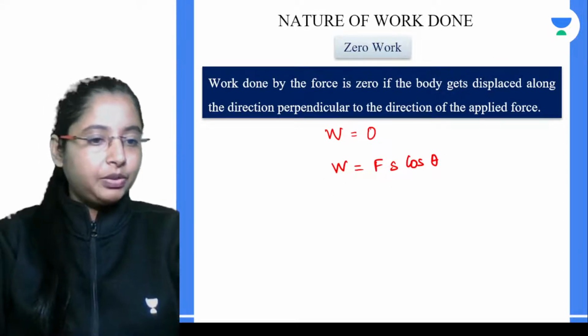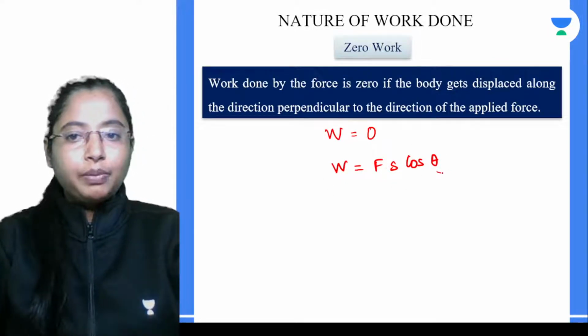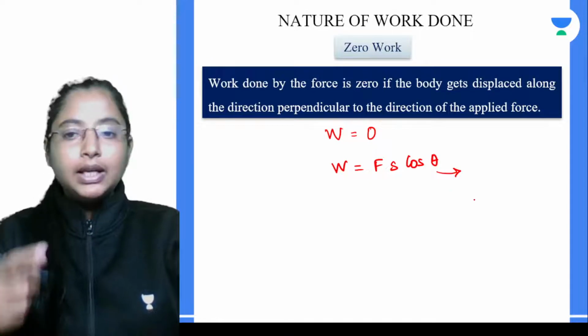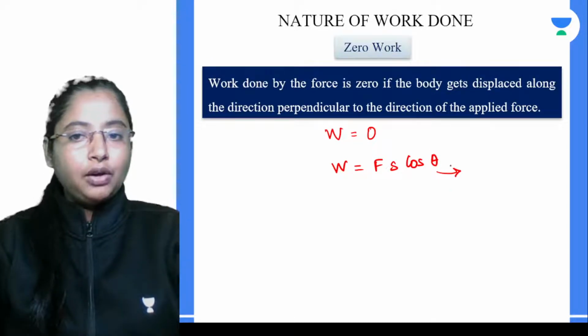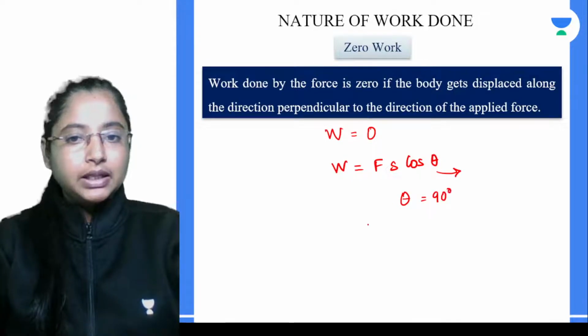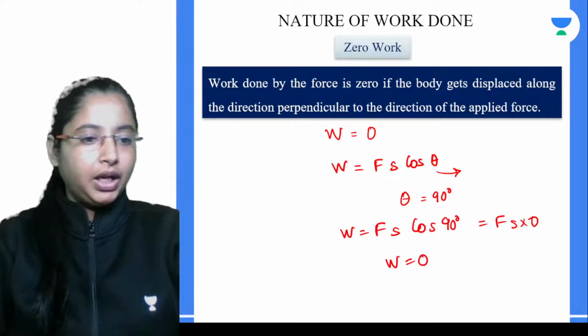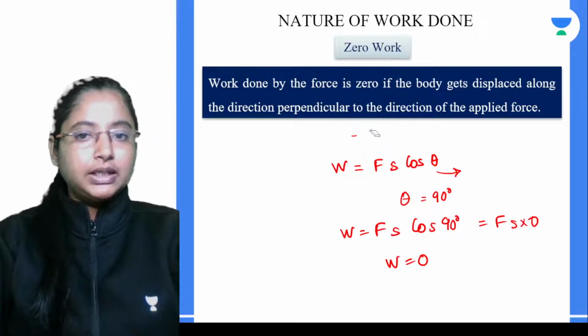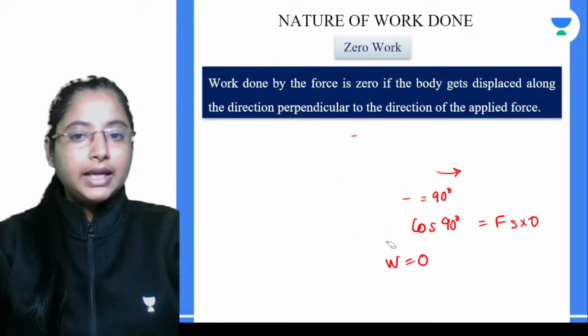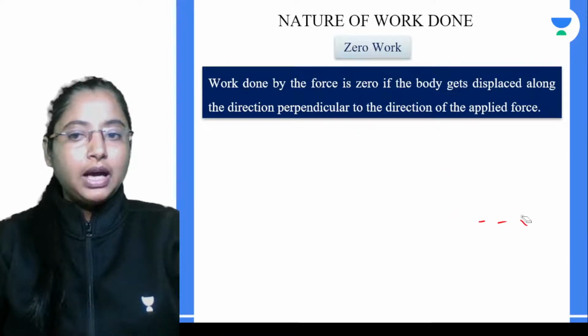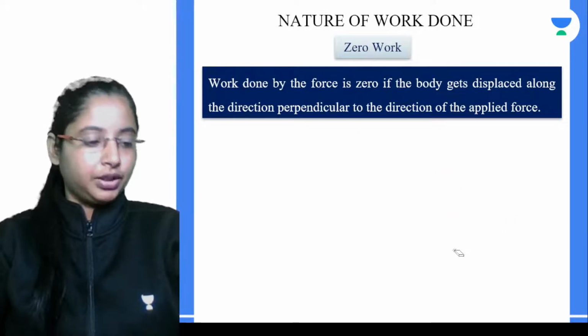Another possibility is the angle component becoming 0. For what angle theta can work done become 0? Very simple. If theta is equal to 90 degrees, then we have Fs into cos 90. Cos 90 is 0, so work done will become 0. That is only possible if the force and the displacement vector are perpendicular to each other.